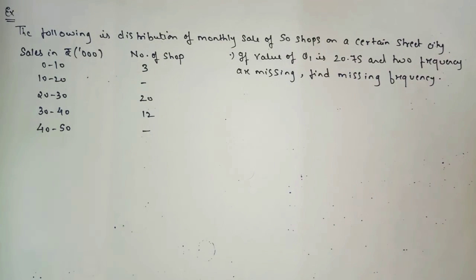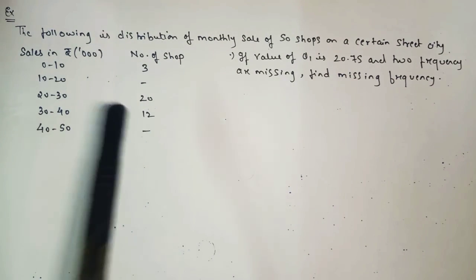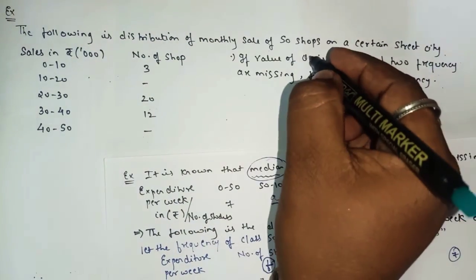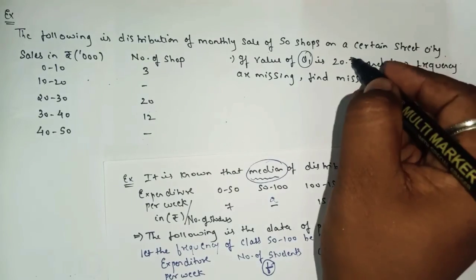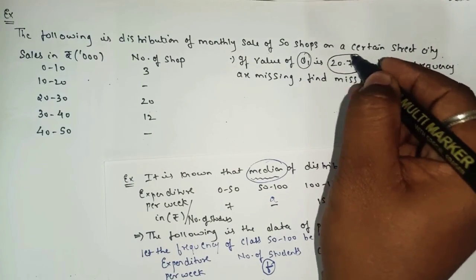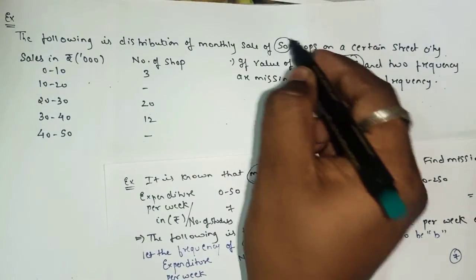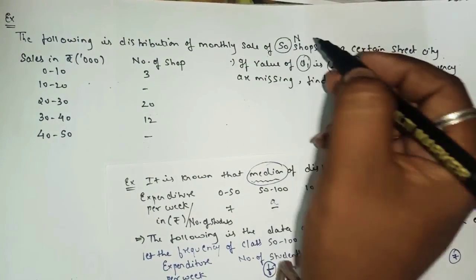Write down the question. Again it is the same. Just here I have replaced the word median by Q1. Q1 is 20.75 and the number of shops is 50. So here we have the value of n.